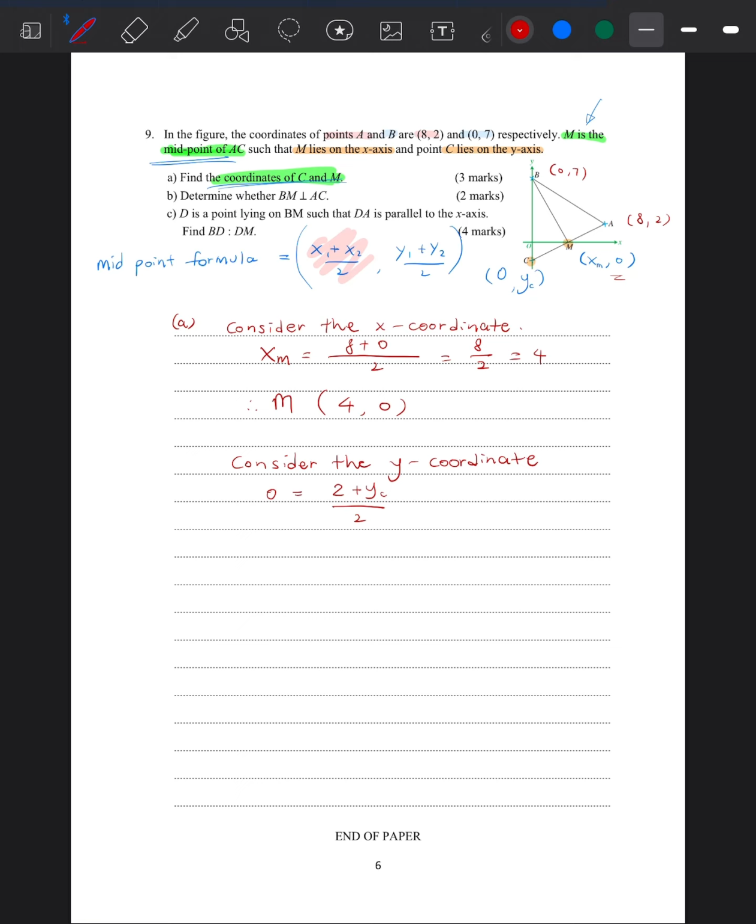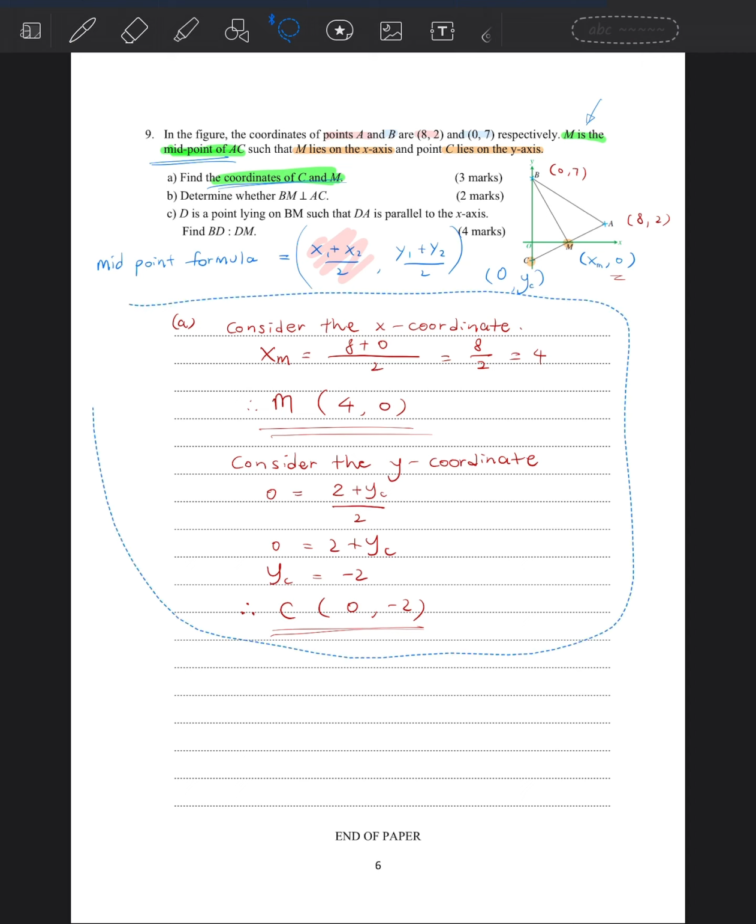So in this case here, 0 equals 2 plus y, and therefore your y is negative 2. So the coordinate of C is 0, negative 2. When they ask for the coordinates, make sure you write this in a pair. So you have to make sure you write this and this for the final answer. So just resize this a little bit.